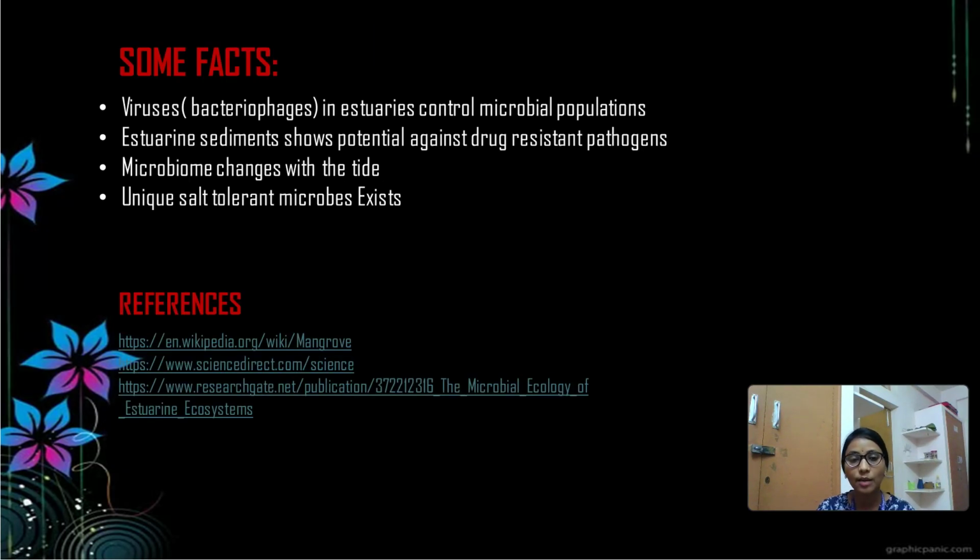And some facts about the estuarine and mangrove microbiomes are: every milliliter of water contains millions of viruses which can infect bacteria, and which are used for control of microbial populations.